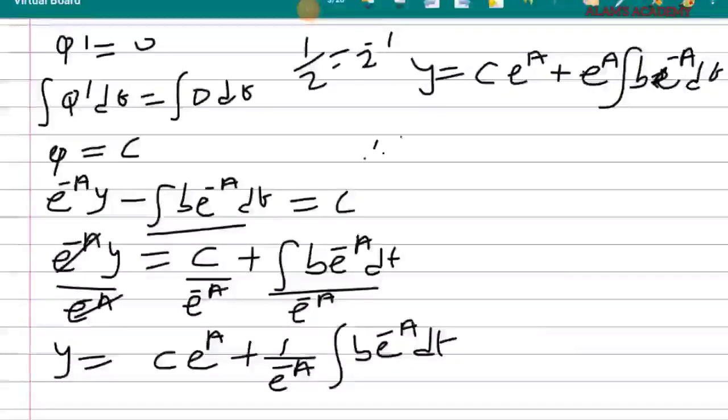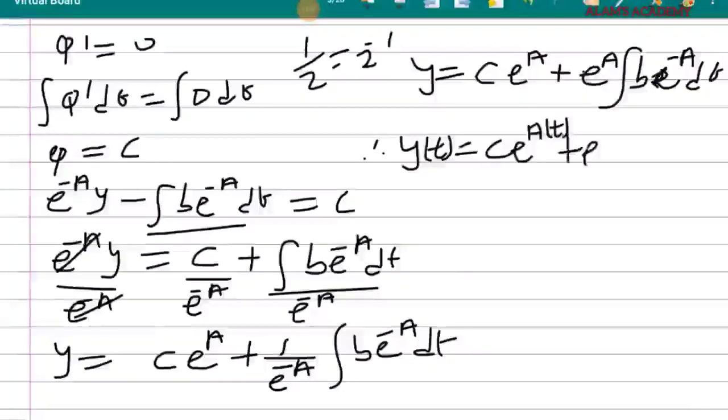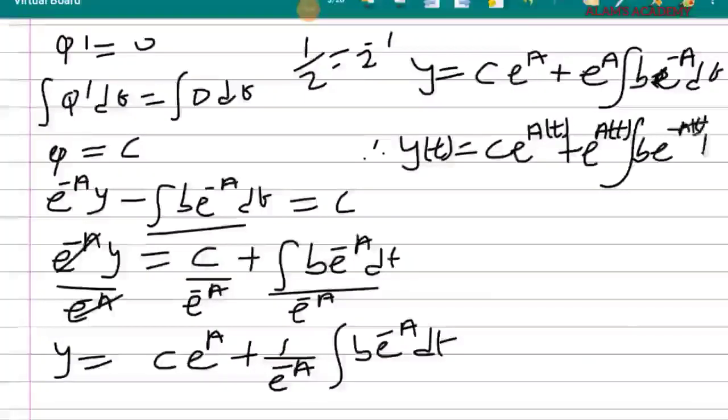So therefore, I can rewrite it as y of t equal to c e^(a(t)) plus e^(a(t)) times the integral of b e^(-a(t)) dt, and hence your formula is proved. So this is the proof of what we are looking for.